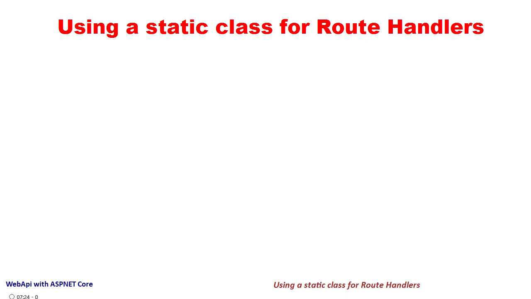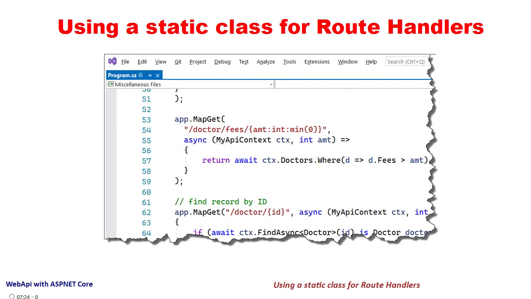So far, we have been writing all our minimal web API in the program.cs file. But this can become unmanageable and unreadable in a full-blown project. We need a scheme for organizing our web API so that they can stay in a class of their own inside a file of their own.